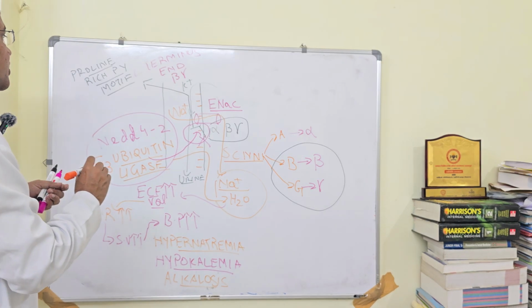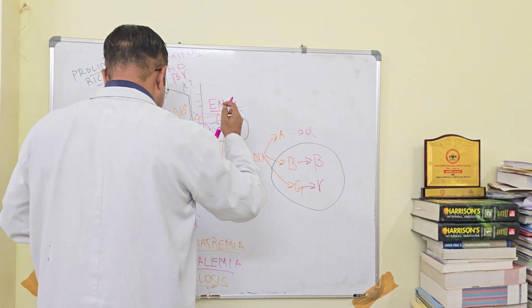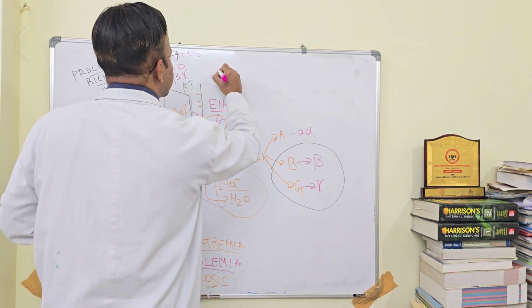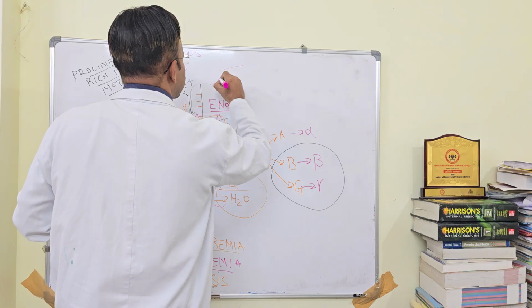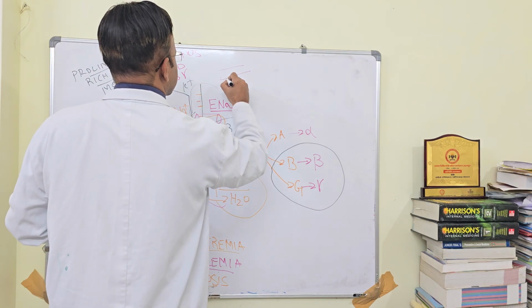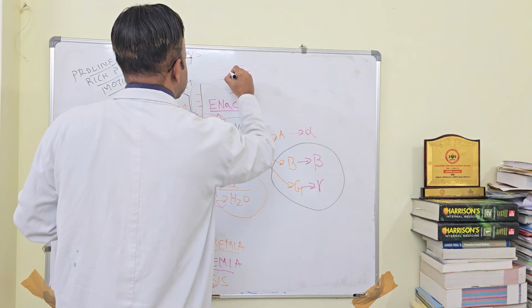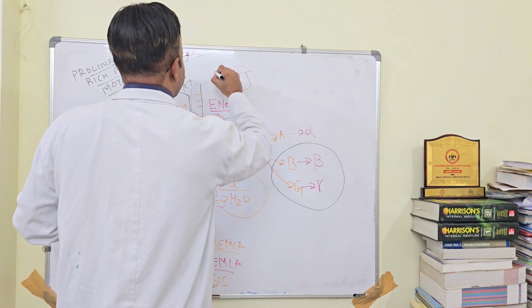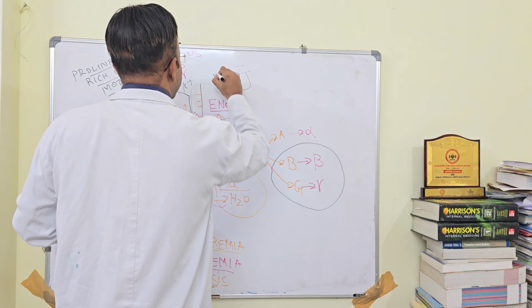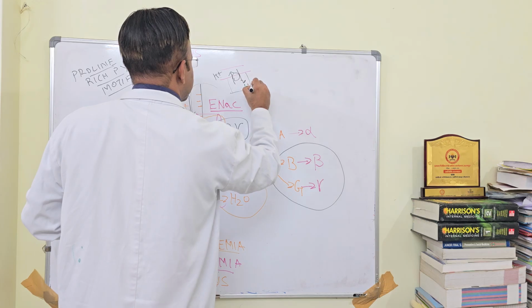There's also one very important reason for alkalosis. In any normal blood vessel, suppose this is a cell, you have got an antiporter which transports K plus into the blood vessel and transports H plus inside, right?